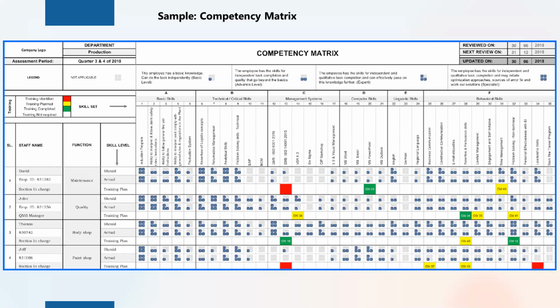And the skills are on the top: basic, technical, management, computer, linguistic, and behavioral. And then they have further divided them, right? So in a way, what we are doing is we are capturing the whole essence of where an individual stands against each competency.